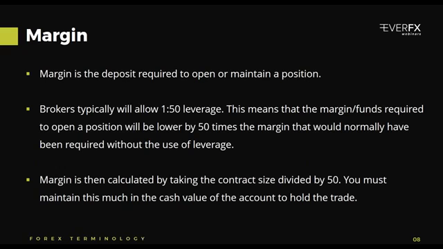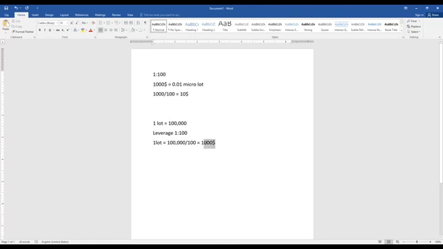The margin is what is required to open. This value right here would be your margin. You need $10 to open a position worth $1,000. A micro position is about $1,000, and what you need will be about $10. Why? Because you're getting a leverage of 1 to 100.